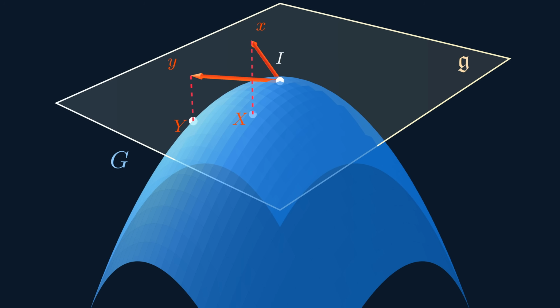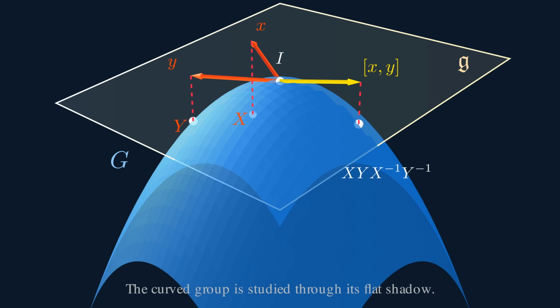So we'll call those little x, little y, big X, and big Y. And then we can calculate this thing, which is the group commutator of the matrices X and Y. And then that's going to be pushed back up to this commutator, this Lie algebra bracket of the Lie algebra elements x and y. And this intertwining of the group operations and the Lie algebra bracket is what allows us to study the curved group via its flat shadow. In other words, the group via its Lie algebra.